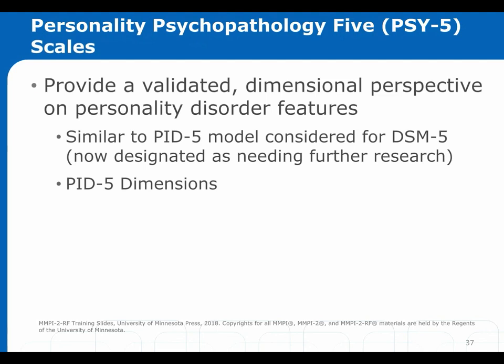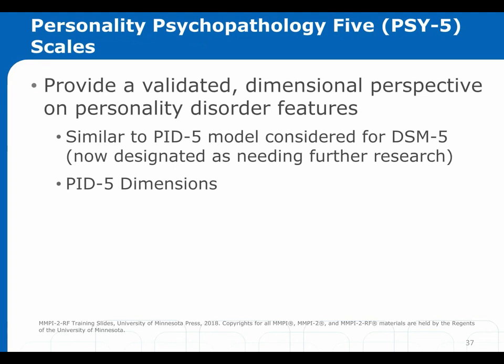And in many ways, this is similar to the model of personality disorders that was considered for inclusion in the DSM-5. Some of you may remember that there was consideration of having a dimensional as opposed to categorical model for the personality disorders. That proposal was ultimately tabled and designated as needing further research by the American Psychiatric Association.